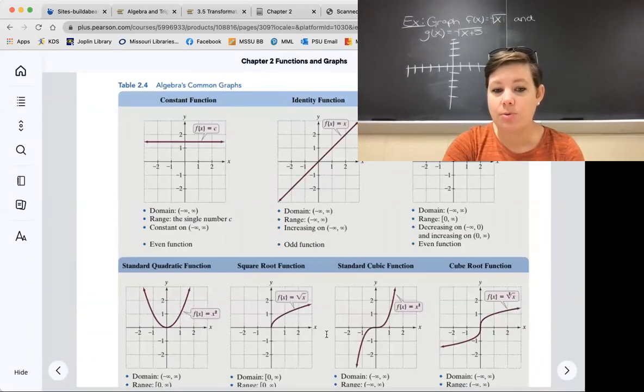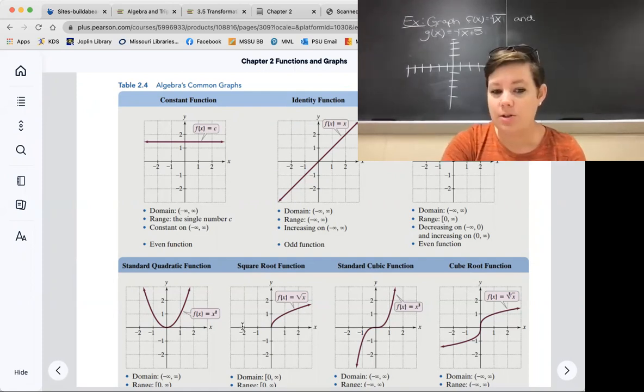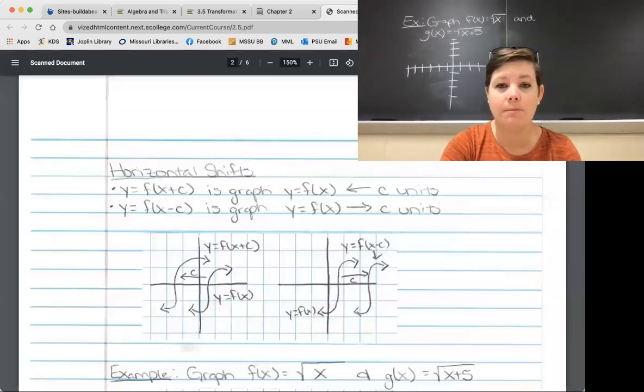The one thing about the square root, obviously, if you look at the picture, is you don't have any negatives. And that's because we don't take the square root of negative numbers in general. I mean, we've learned about i and imaginary numbers, but in general, we do not take the square root of negative numbers. And so if you plug in -1 or -2, you're not going to get out a number that you're going to be able to graph on your coordinate system.